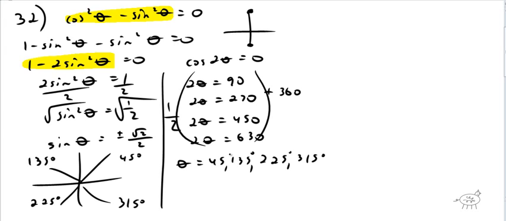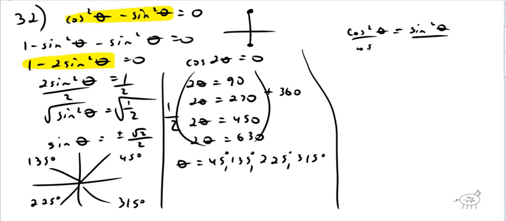Okay? And then the last way to do it, which we've actually done similar problems to this, couldn't I have just, going from the original problem, move sine squared over and get cosine squared of theta equals sine squared of theta? Interesting. And then divide both sides by cosine squared of theta. So I get tangent squared of theta equals 1.